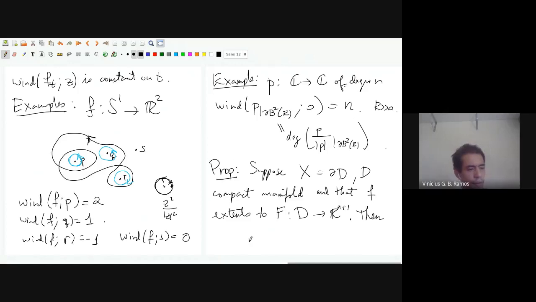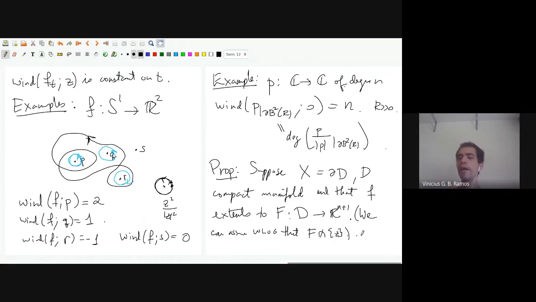Then the winding number, and now we can choose some Z, and we can assume without loss of generality that F is transverse to Z. This is because of the same corollary that I used a couple of times last time.